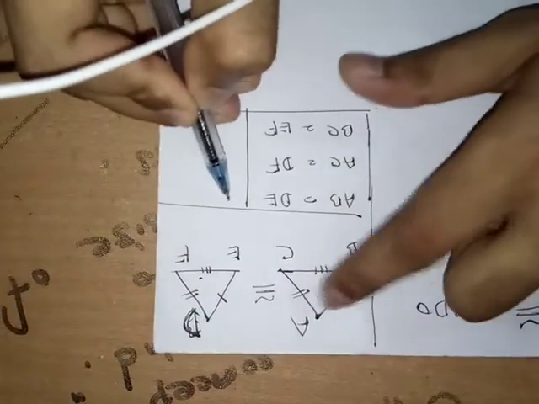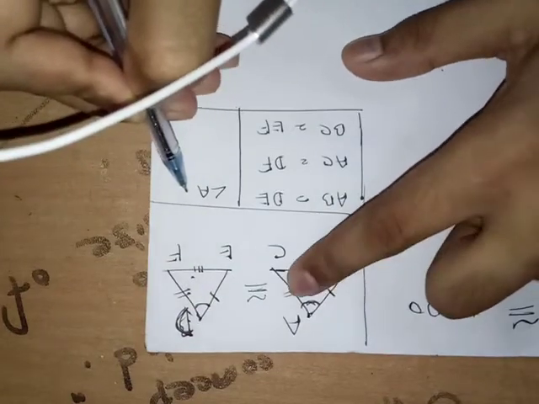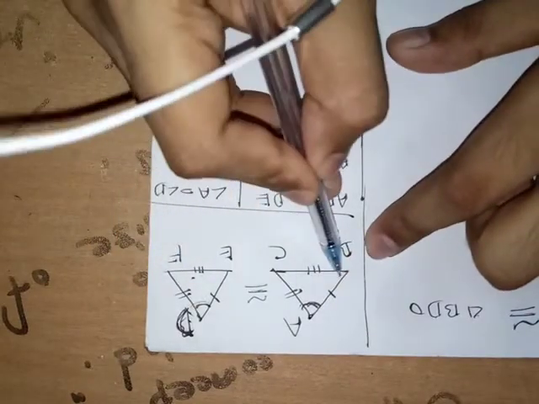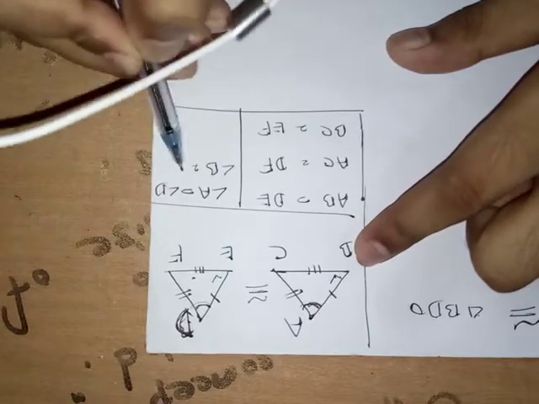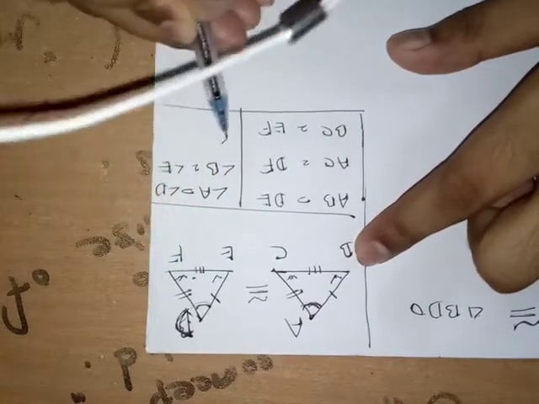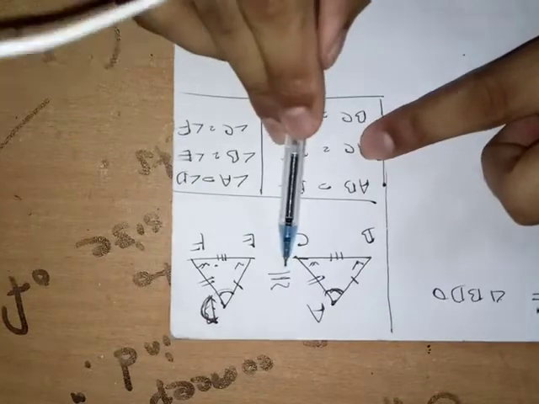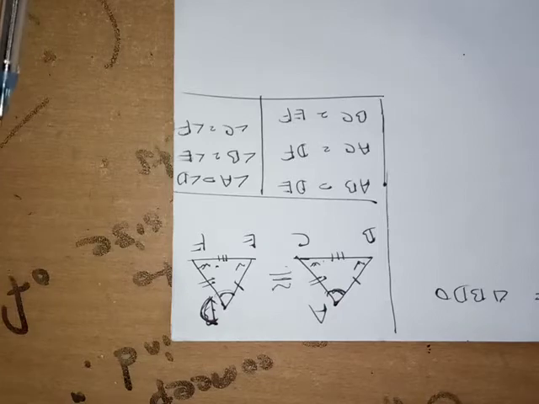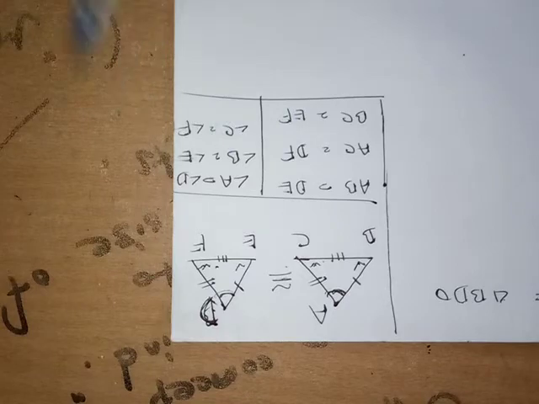So you can say angle A is equal to angle D, angle B is equal to angle E, and angle C is equal to angle F. This is what congruence means between two triangles: sides are equal and angles are also equal.